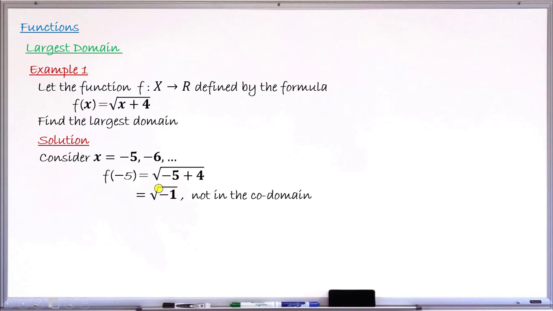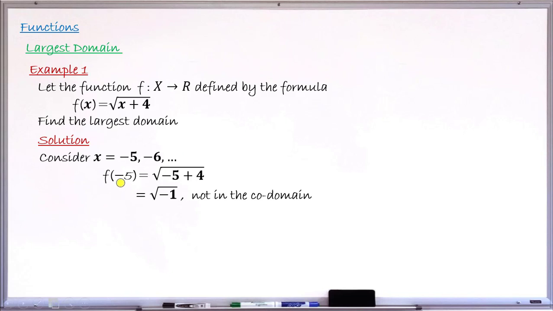You can see the root of minus 1 would not be an element in the codomain, because it is not a real number. So if you take minus 5 and want to find its image in the codomain, you won't find that image. And remember, for f to be a function, all the elements in your first set, that is the domain, must be assigned to a single element in the codomain.